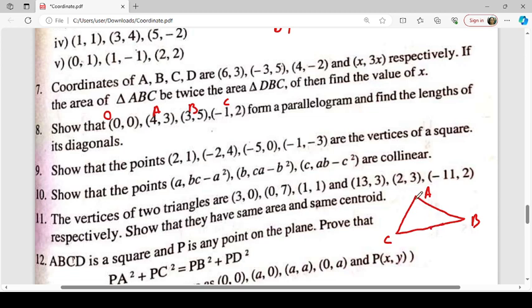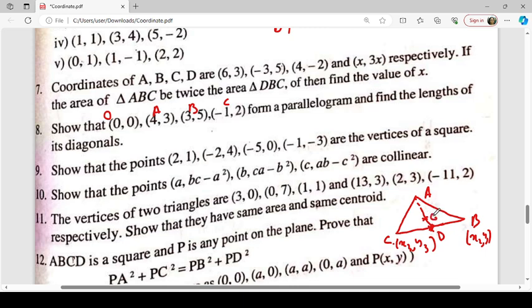Median means it divides at the midpoint. So if this is x2 y2, this is x3 y3, then this point is (x2 plus x3) by 2, (y2 plus y3) by 2. So we can find the coordinates of this. Say this is D, so AD is the median. The centroid is that point which divides AD in the ratio 2:1.